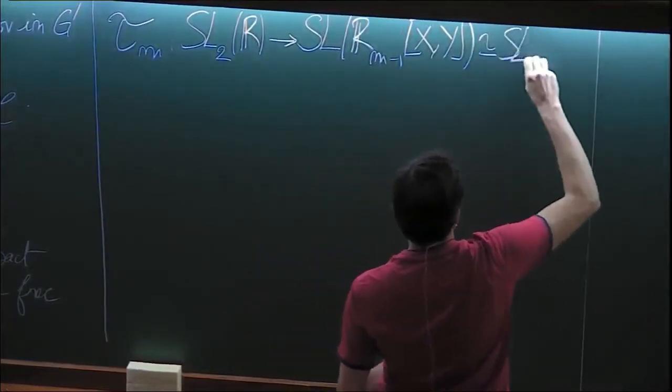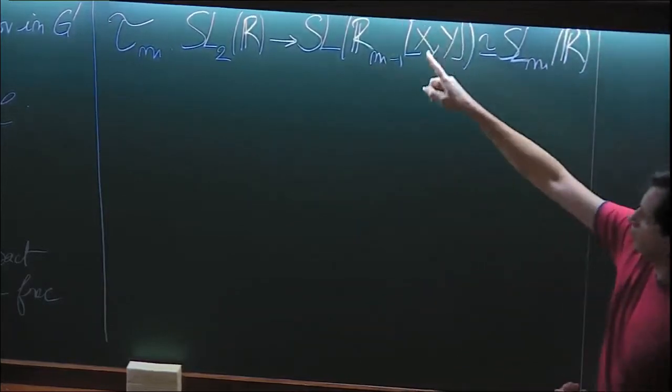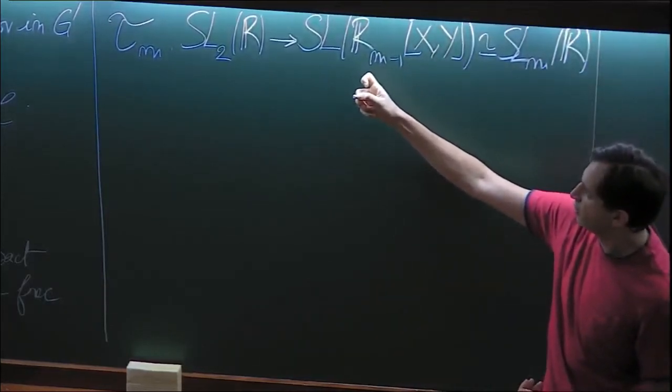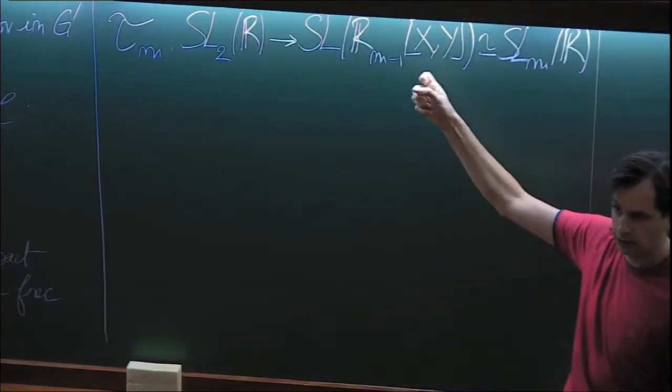This is isomorphic to SL(m). Okay, so this is my notation for the space of degree m-1 homogeneous polynomials in the variables x and y.